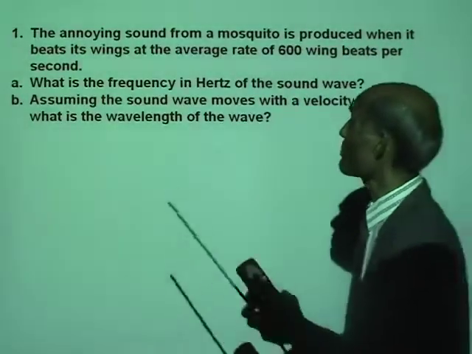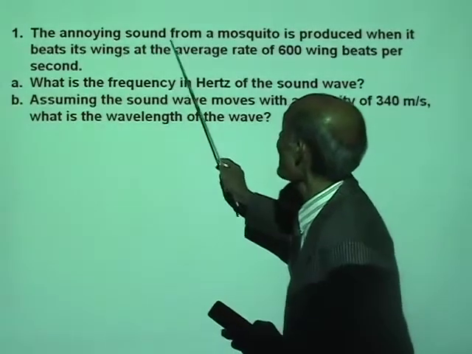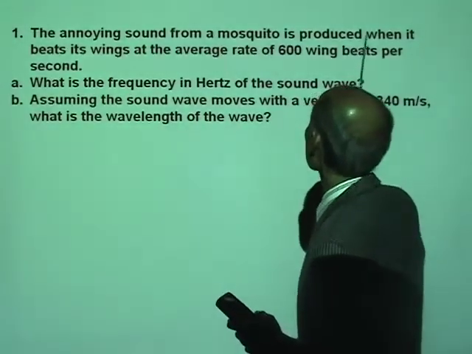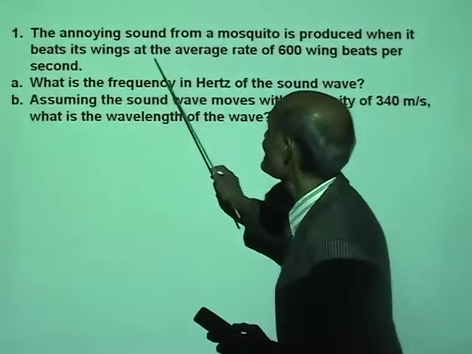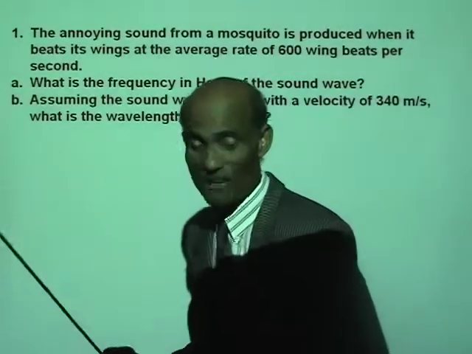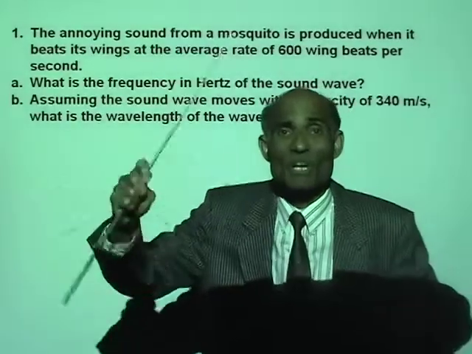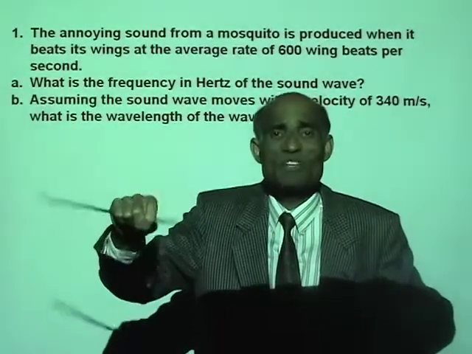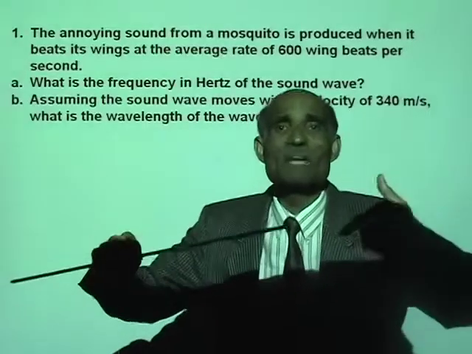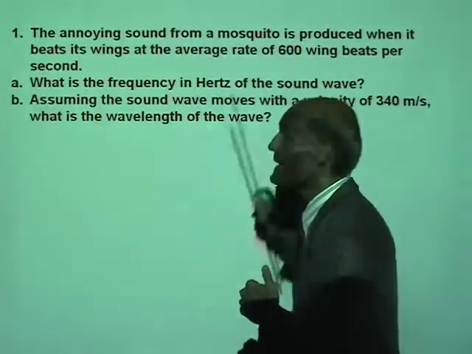Alright, let's read this problem. The annoying sound from a mosquito is produced when it beats its wings at an average rate of 600 beats per second. What does that mean?